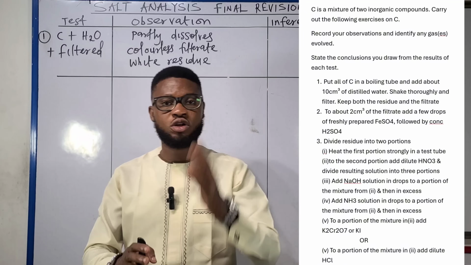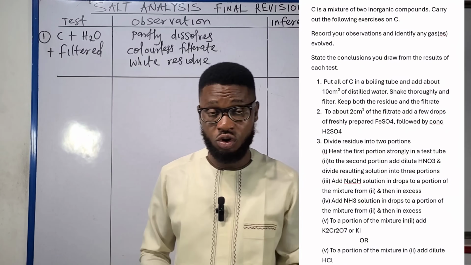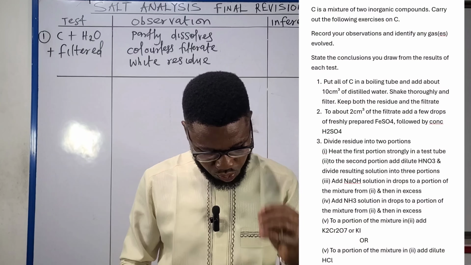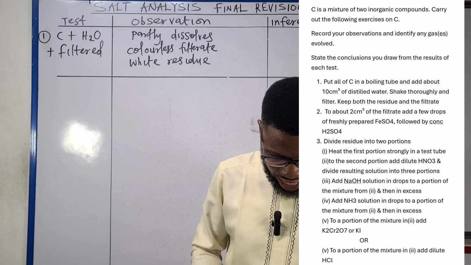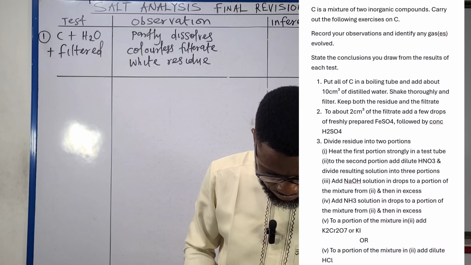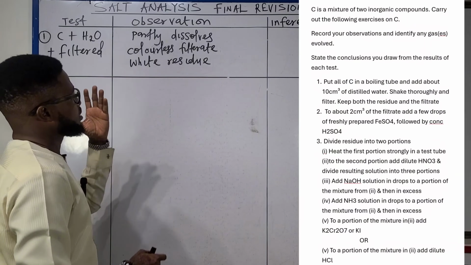Moving on, what should the question look like on a final note before your exam? As you can see on your screen, we were instructed to put all of C in a boiling tube, add about 10 cm cubed of distilled water, shake thoroughly, and filter, and keep both residue and filtrate.